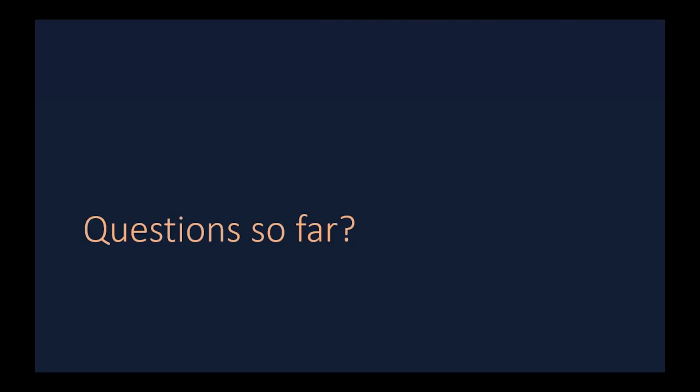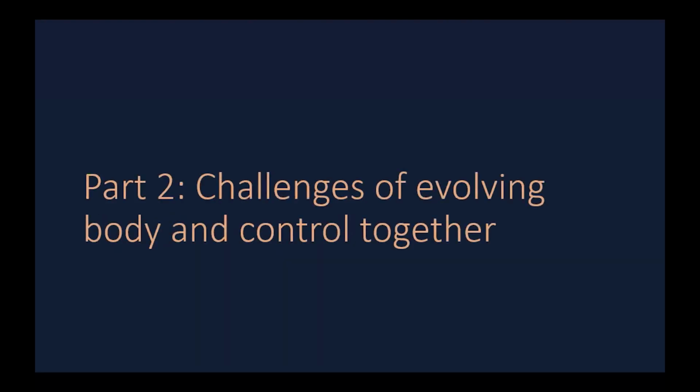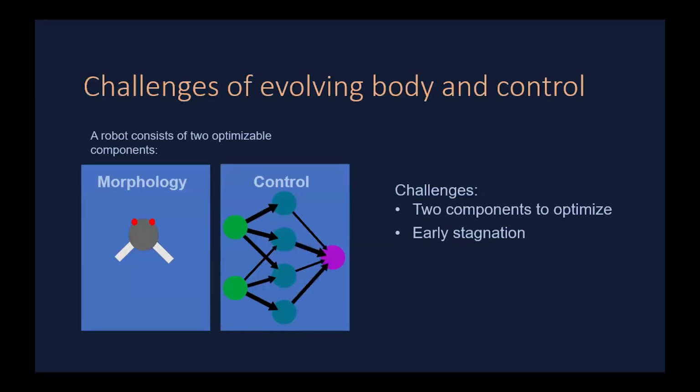Yes. Okay. So as Kira already mentioned, I will talk about the challenges of evolving body and control together. I will explain what the challenge is and how it has been tried to be dealt with. So to start from the bottom, when we try to evolve robots to optimize them, we evolve two components, the morphology and the control.